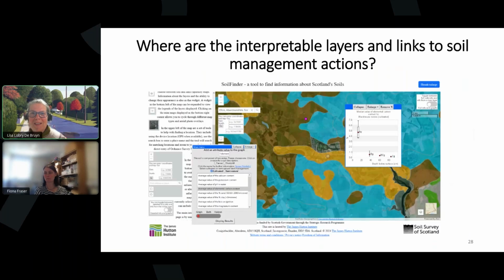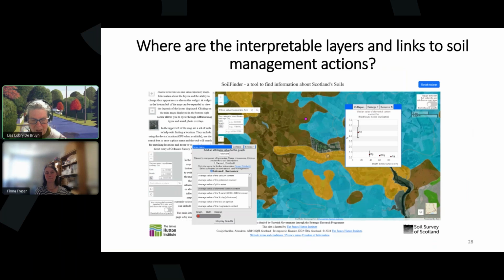So I actually wanted to put in something from Scotland. So here we have Soil Finder, and this is something that has been built up over a long period as well. It shows a polygon map, and you can click on a point and you can graph various soil properties, and you can look at how the carbon changes down the soil profile.